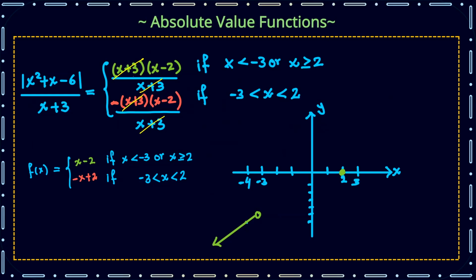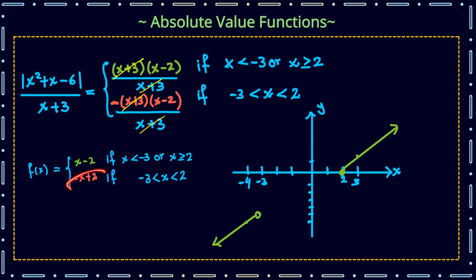Remember, the interval is x greater than or equal to 2, so we have to pick points over this interval. Put 3 into the green piece. 3 minus 2 is equal to 1. So 3, 1 is going to be a point on the green graph. Connect the 2 points and you have the other portion of this line.